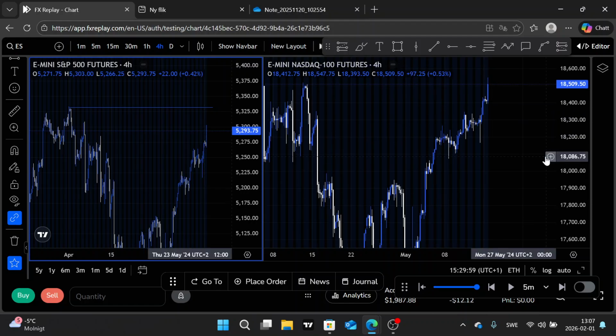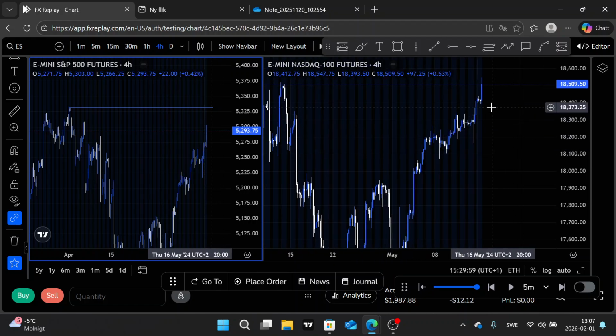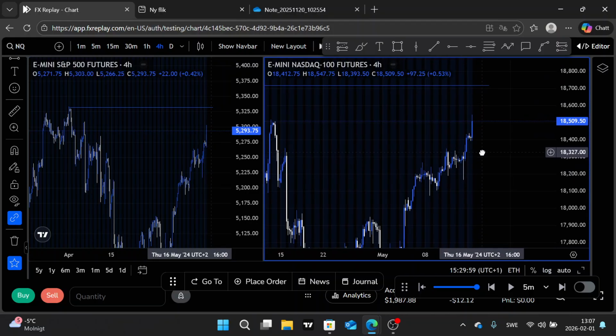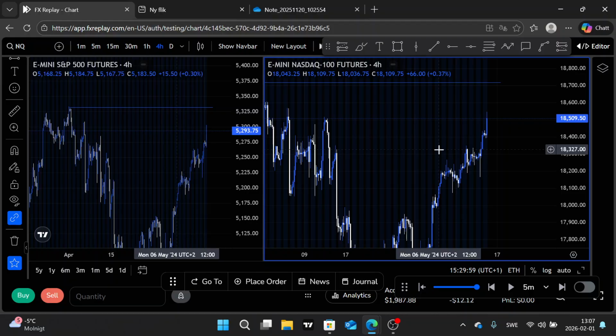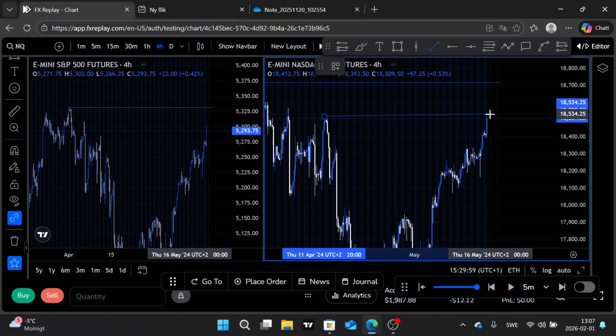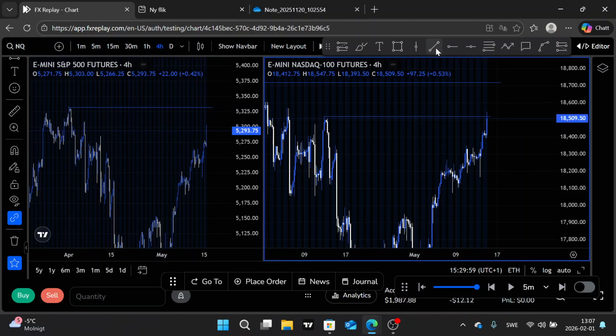Okay. So right now on the 4-hour time frame, this was our last trade. Here we took this sell side and we went straight to the highs. So now this buy side is taken.